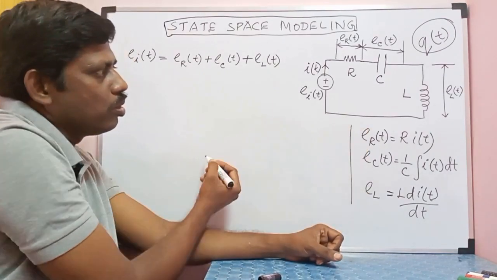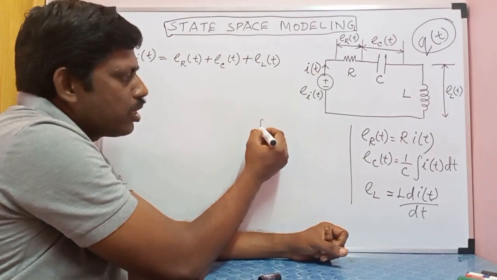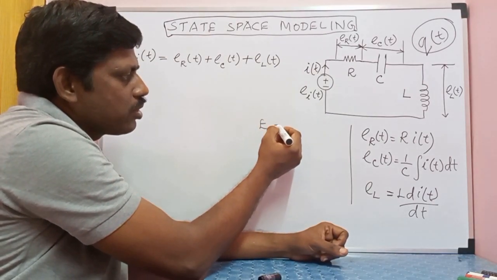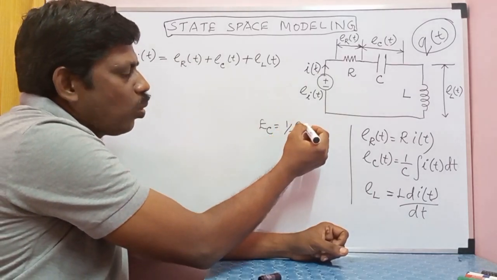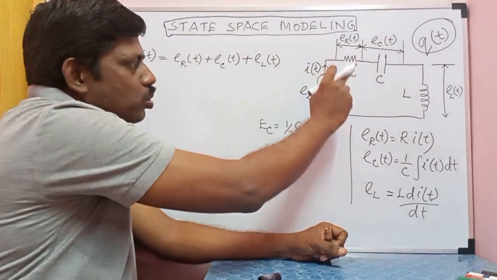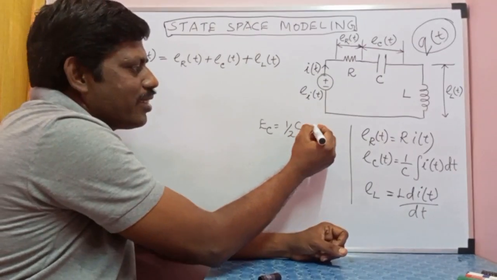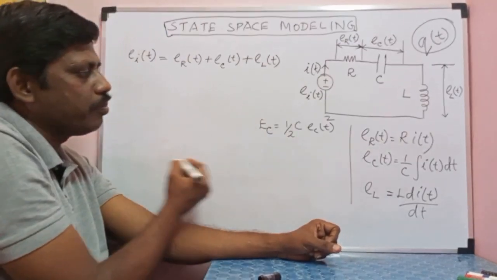For the first energy storage element, C, the energy stored in a capacitor is given by half C V square, where V is the voltage across the capacitance. Here the voltage across the capacitance is EC of t, so EC of t square.